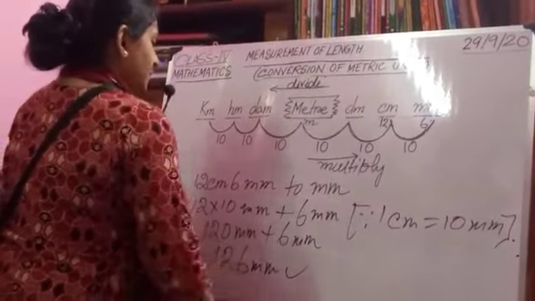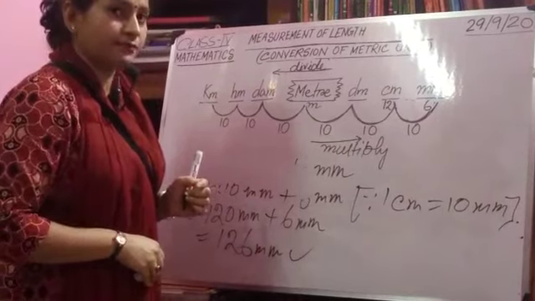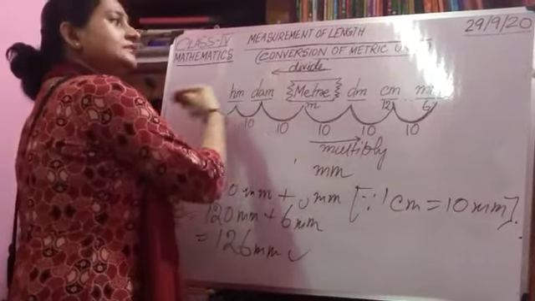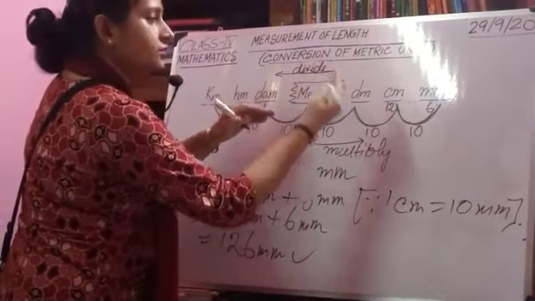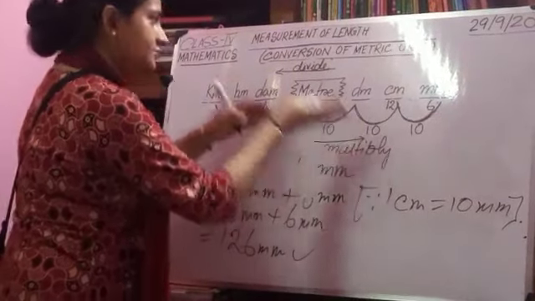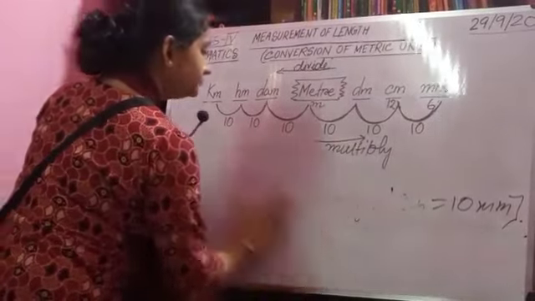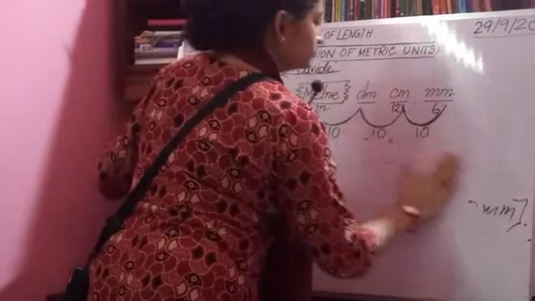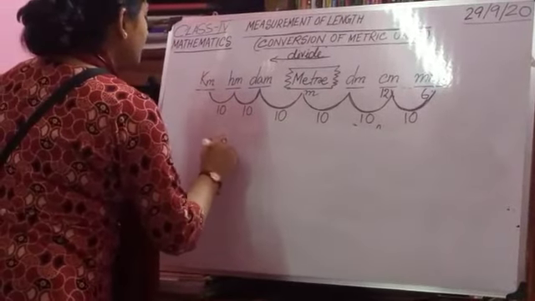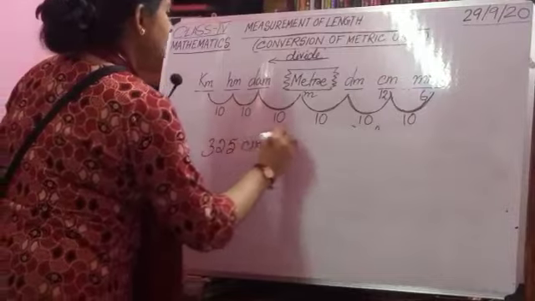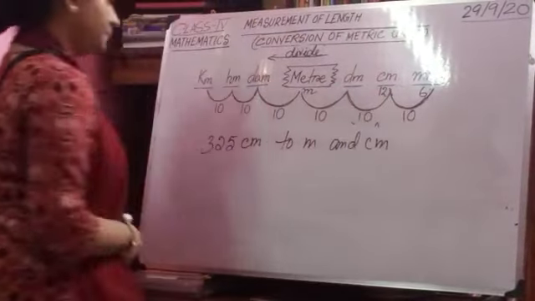Now children, we have been going right hand side. Let us do some sums where we will travel left hand side. That means we will convert from lower units, smaller units, to greater units, right? Our first sum is convert 325 centimeter to meter and centimeter.